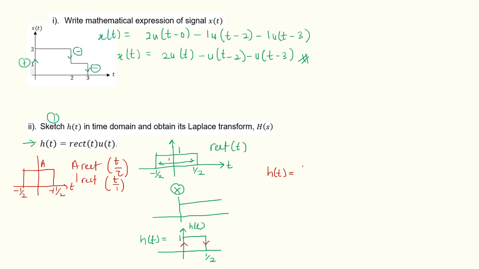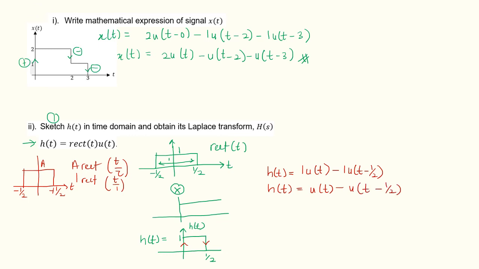It's 1 ut minus 0, and then pointing down, negative, the magnitude is 1 again, ut minus half. Therefore, your ht equal to ut minus ut minus half.